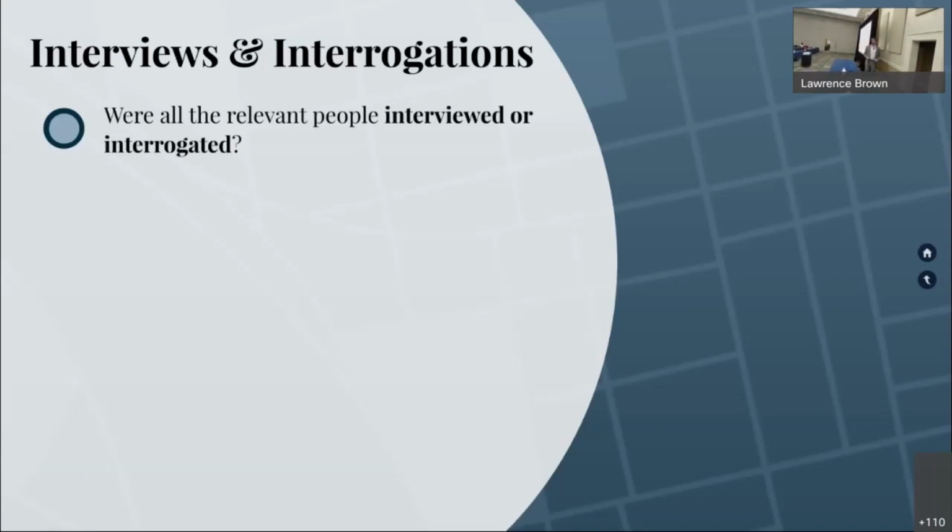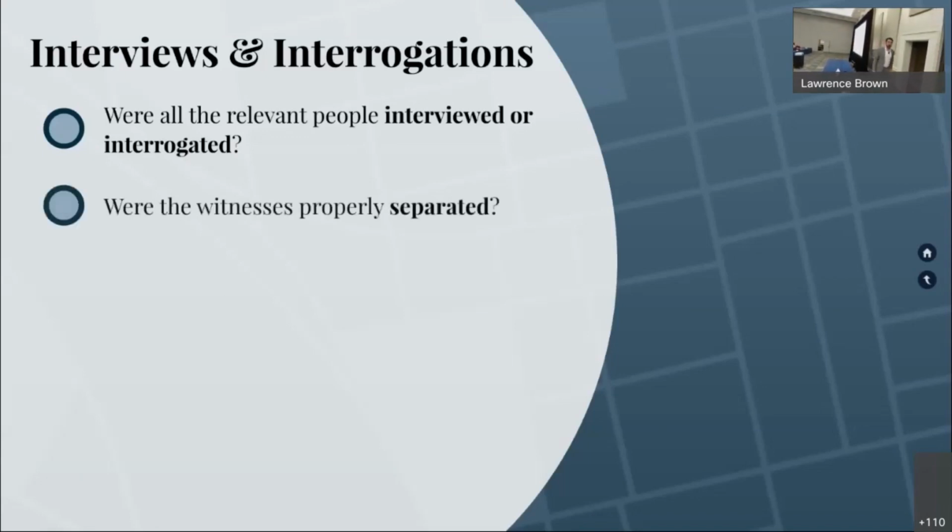Were all of the relevant people actually spoken to? Were witnesses properly separated? This is a pretty big deal. It relates to contamination errors, which we'll talk about in a little bit. This is part of Investigations 101. Was everyone separated?